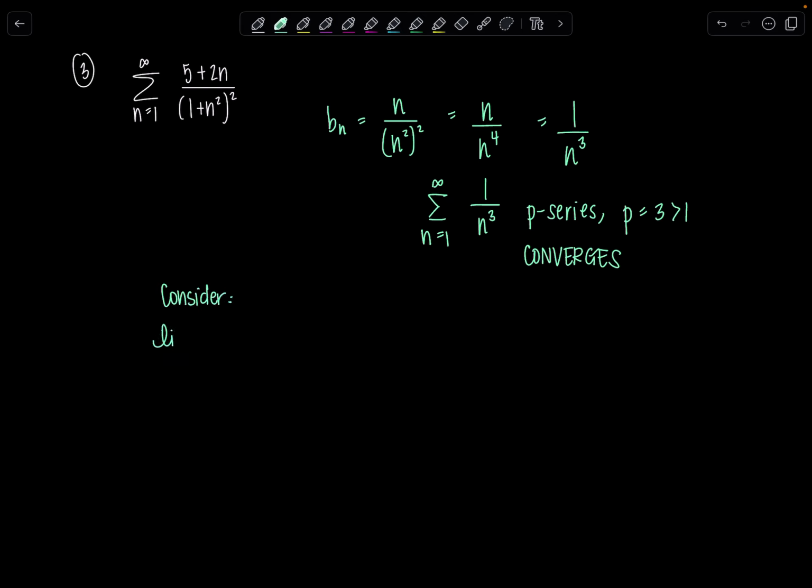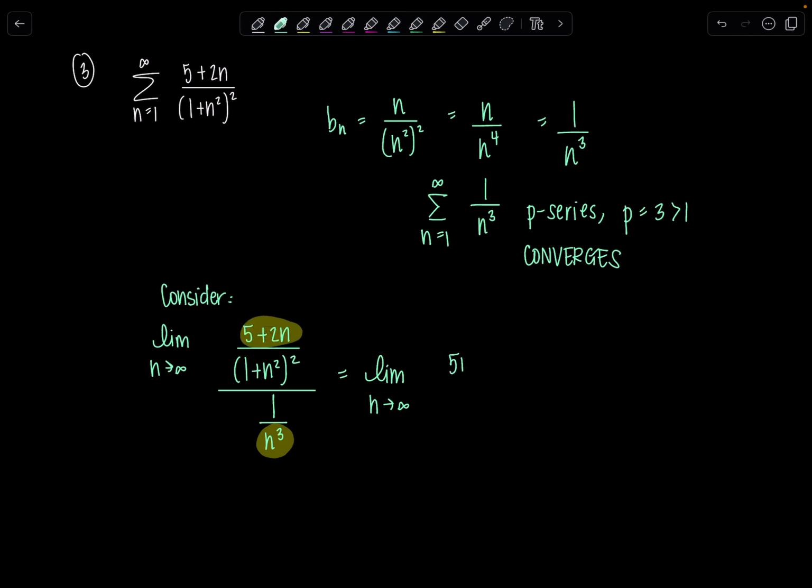Consider the limit as n goes to infinity of (5 plus 2n) over (1 plus n squared) squared, over, could that have been crookeder, 1 over n cubed. Limit, n goes to infinity. Are you guys cool? I'm going to flip the n cubed up top and distribute it through there, okay?